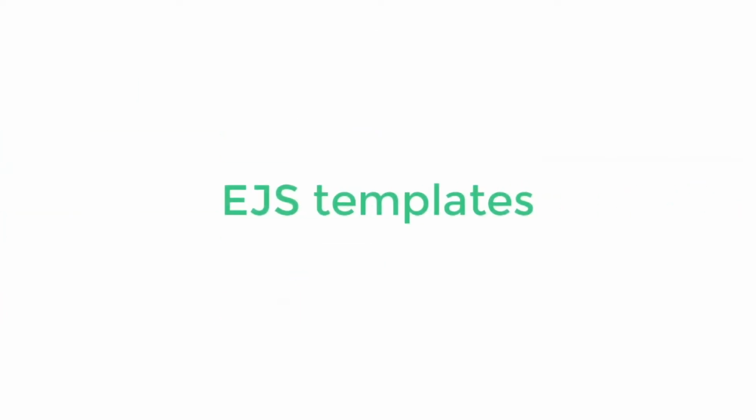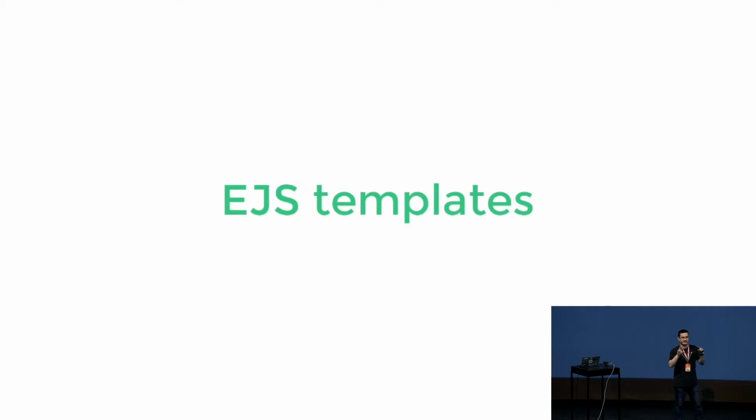So one of the cool features of generators is that you can use EJS templates. Whoever used EJS templates? So it's kind of like PHP, but in JavaScript. So you can have special tags in your source files, and you can render templates with variables and have conditions, for loops, and printing dynamic variables.